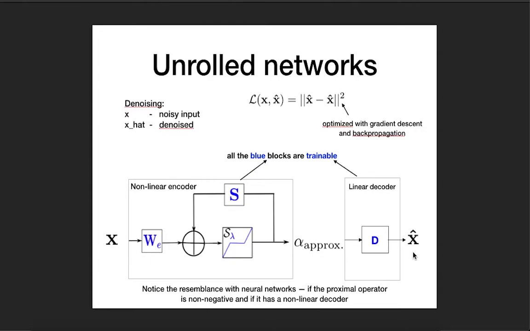The second thing I want to say is that you have some resemblance with neural networks: if you replace this projection operator with a nonlinear projection like a ReLU, and instead of a linear decoder you have something more complex and nonlinear that takes this sparse code to a signal, then it's essentially a neural network. Alex showed more formally that you can think of these multi-layer sparse models as convolutional neural networks.